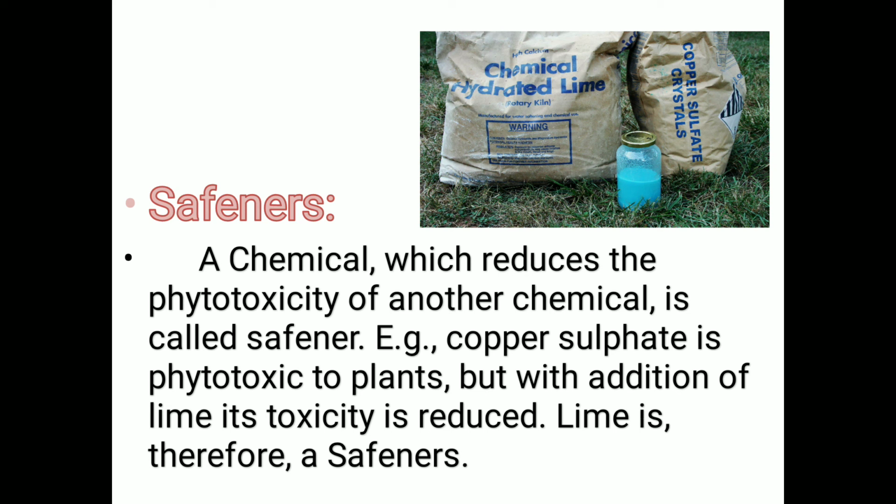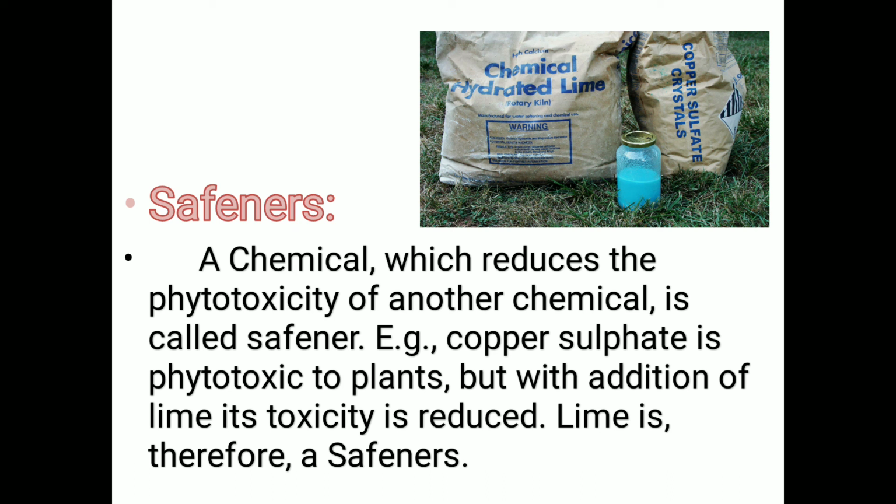So to reduce the acidity of the copper sulfate or the Bordeaux mixture, we have to add a certain amount, or an equal amount, of lime to the solution, so that your mixture will be neutral.